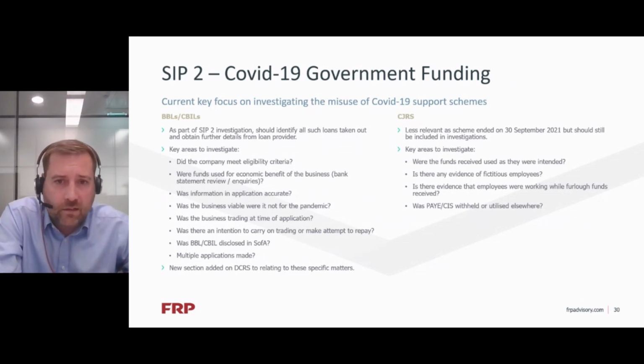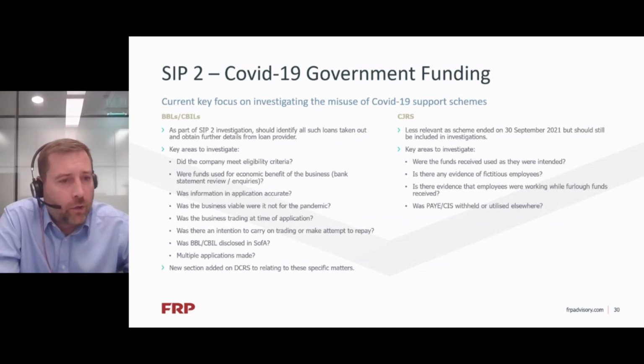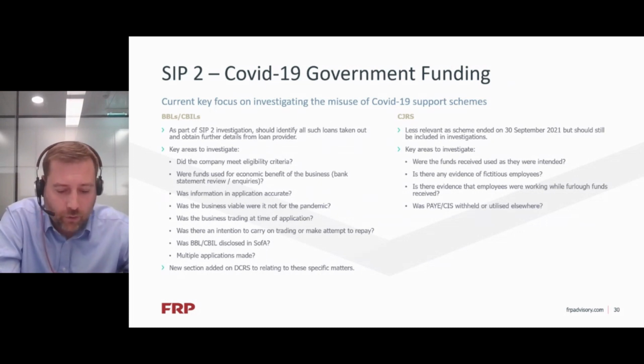We've had various Secretary of State appointments, public interest winding up, where companies have obtained multiple CBILs using false information on applications, or were not trading, never had traded, and have been able to obtain this kind of funding. So there's a key focus, as part of our investigations, to comply with SIP2, and as part of directors' conduct, to review how the company has used any COVID support it's obtained.